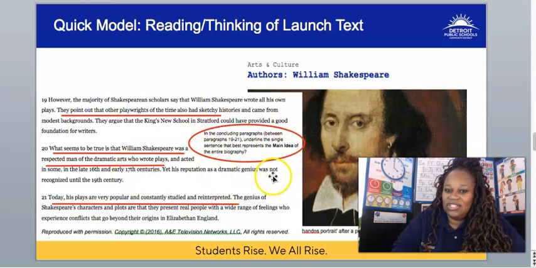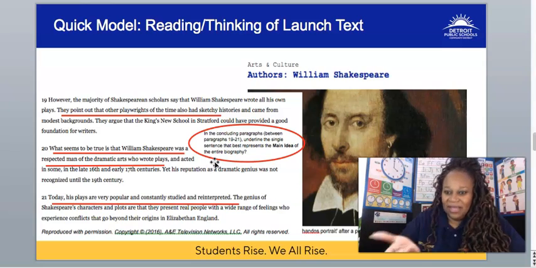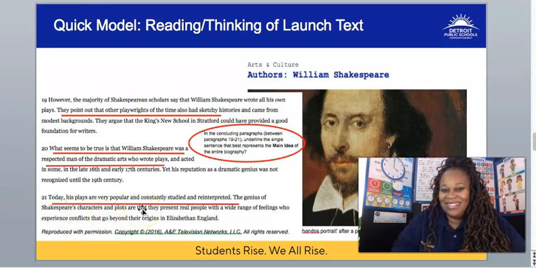This annotation in the margin helps you to know that in the concluding paragraphs, you can underline your single sentence that you think stands out as the main idea. Lastly, in paragraph 21, it says, today, his plays are very popular and constantly studied and reinterpreted. All of those are excellent guesses. What do you think, scholars?